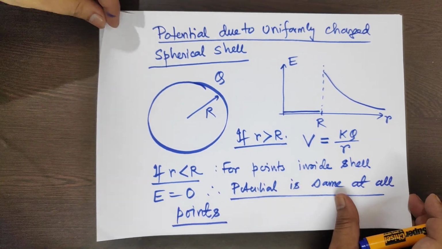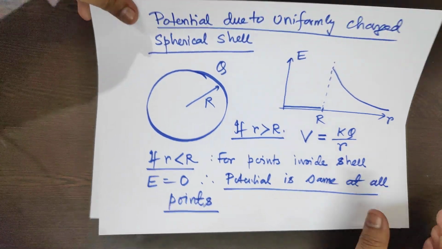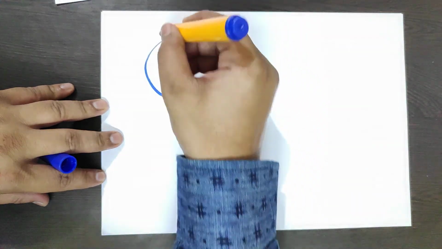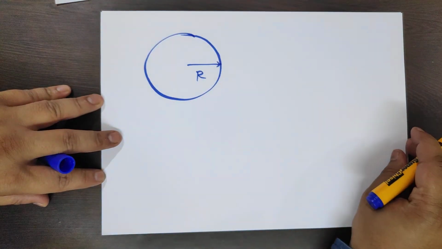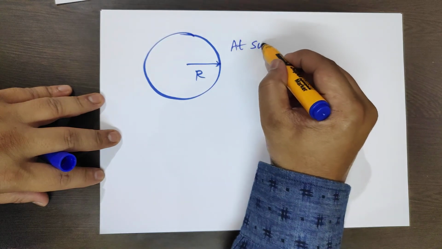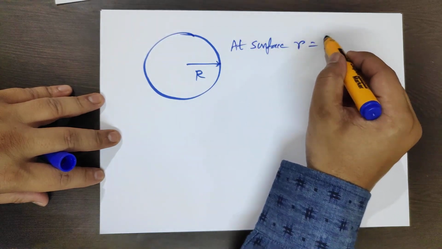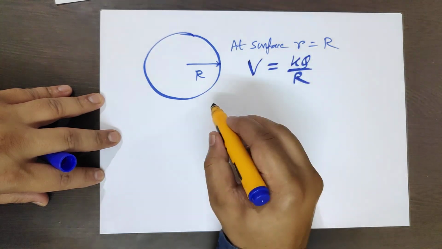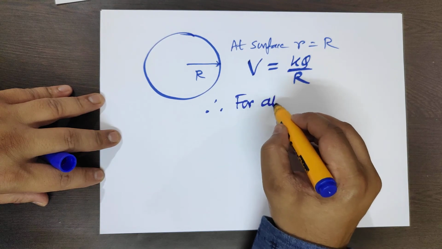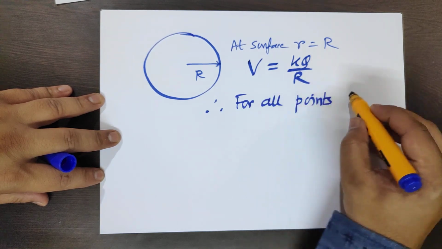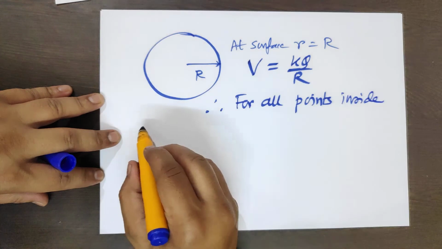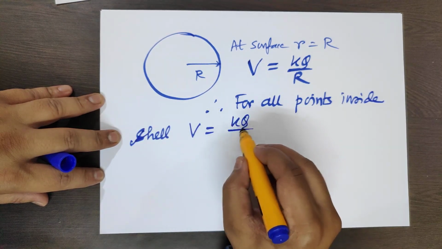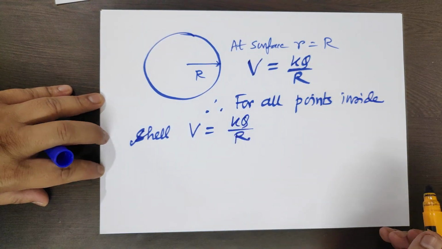Now the potential at the surface, that is r equal to capital R, is equal to kQ by capital R. Therefore for all points inside the shell, the potential is equal to kQ by capital R, constant throughout.